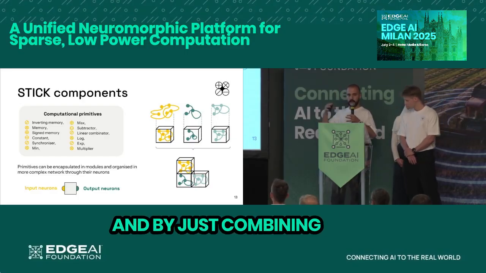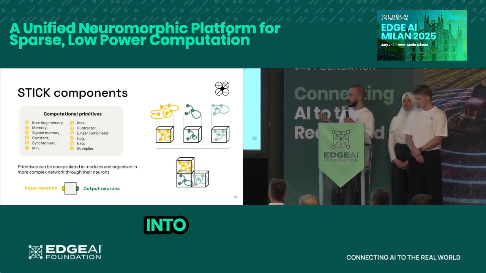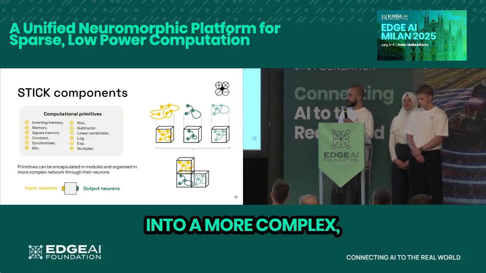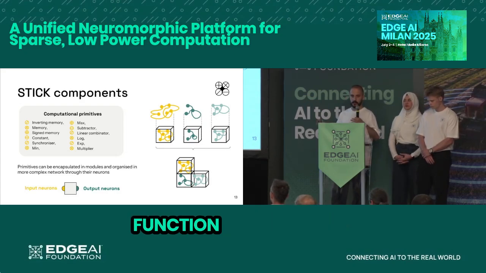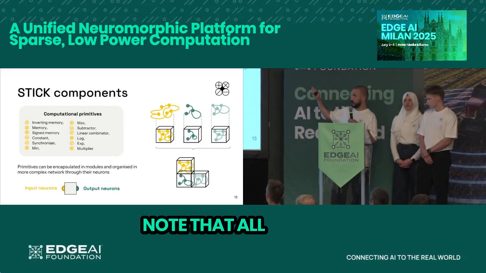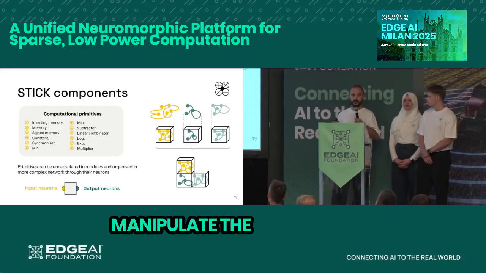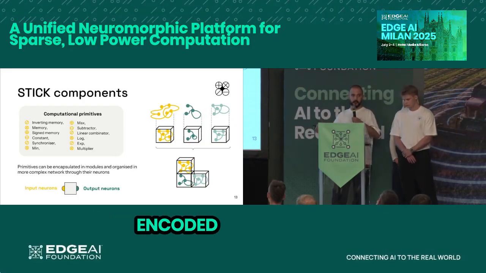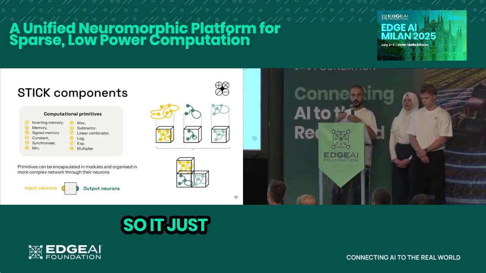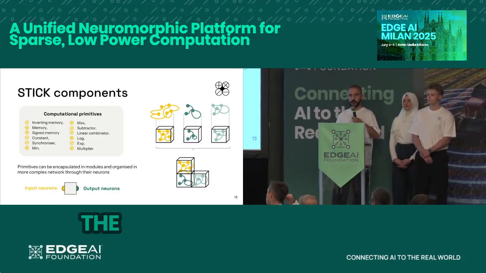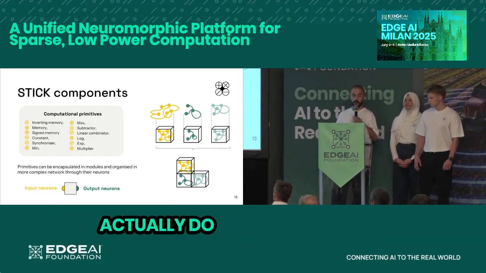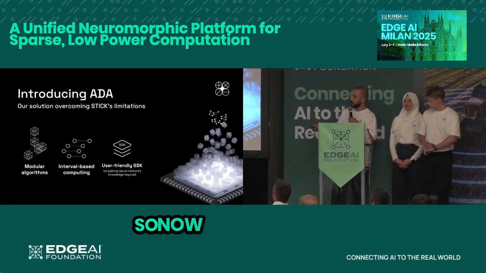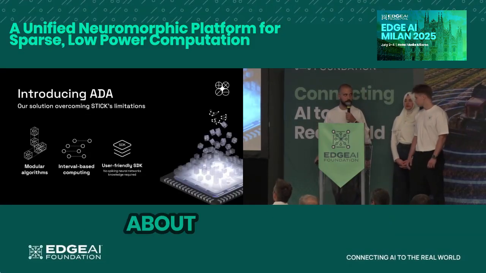By combining these into a more complex modular algorithm, one can replicate any function they want. Note that all of these components just manipulate the time interval that they receive encoded as 2 spikes. So just by manipulating time intervals and reading the corresponding interval sent as output, we can do this computation. Now Dima, our CTO, is going to tell you all about our invention.